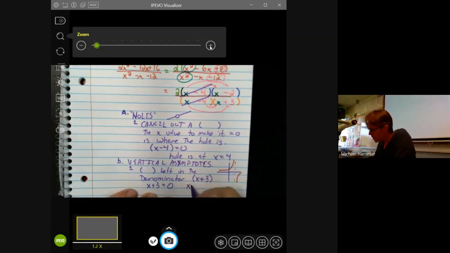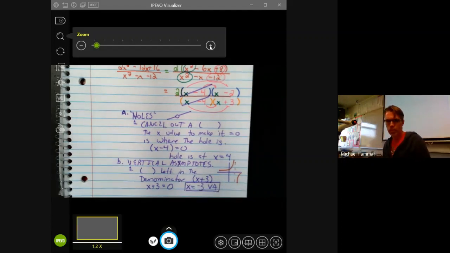We have x equal to negative 3 is where your vertical asymptote is for this problem. So these are the first two things that you need to know how to calculate. So we know where the holes are. We also know where the vertical asymptote is.